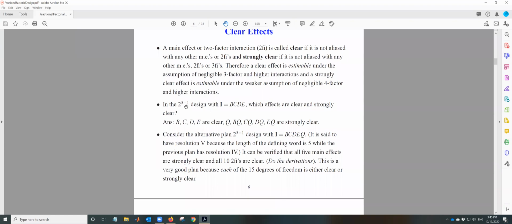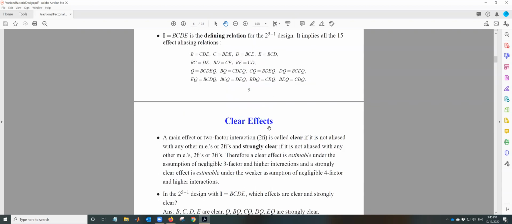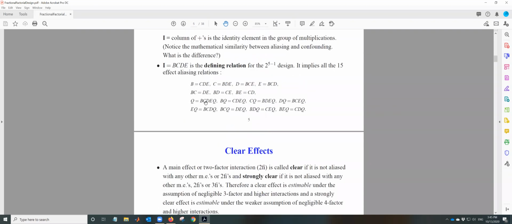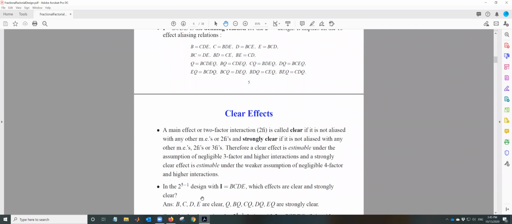In the 2^(5-1) design with these defining relations, which effects are clear and strongly clear? If we go back, you see B, C, D, E are clear. Q, BQ, CQ, DQ, EQ are strongly clear. Let's go back. Why are B, C, D, E clear? Because they are only aliased with 3-factor interactions, right?